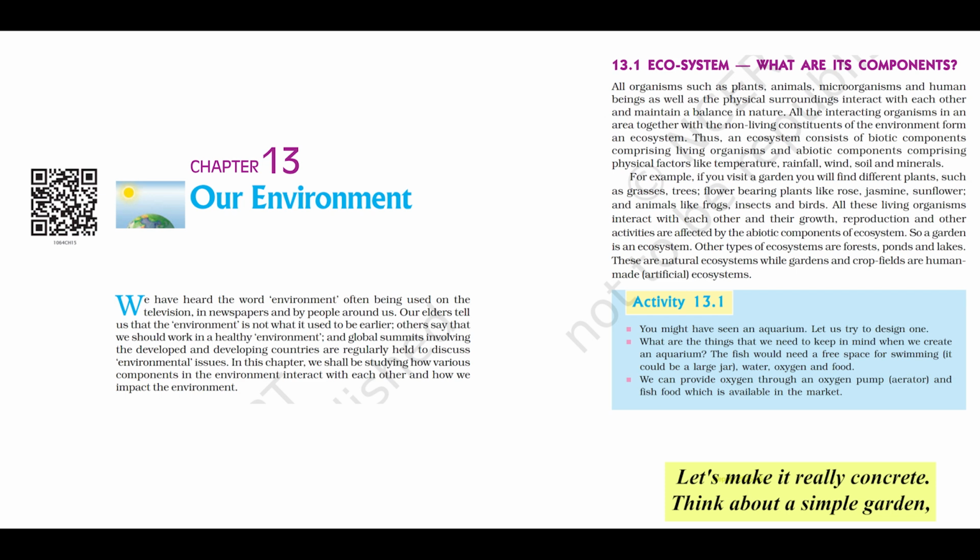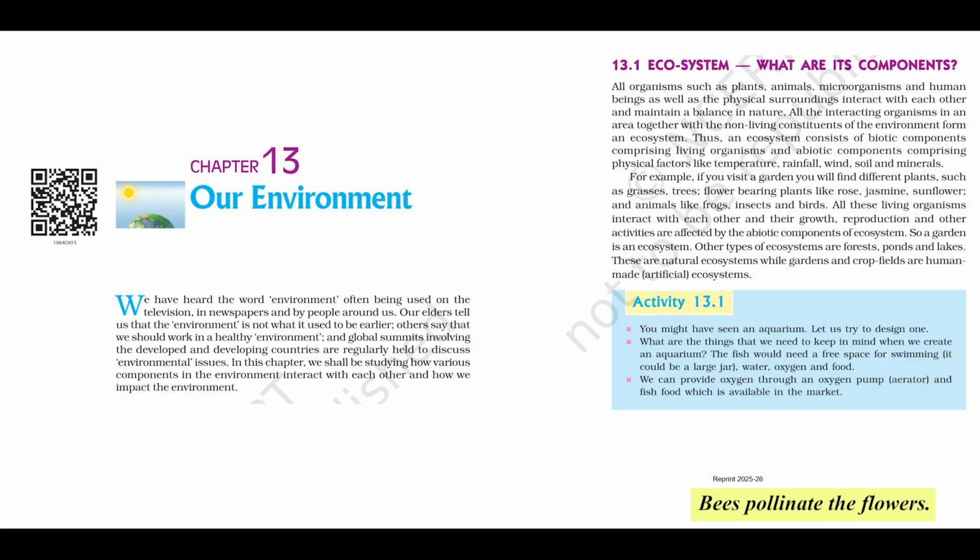Let's make it really concrete. Think about a simple garden, maybe one you have at home. Okay, yeah. We have some Tulsi, marigolds. Perfect. So in that garden, you have biotic components. The marigolds, the Tulsi plant, maybe some chili bushes. You'll also see animals, right? Insects like bees or butterflies, maybe a frog hiding somewhere, birds flying past. Those are also biotic, and they all interact.